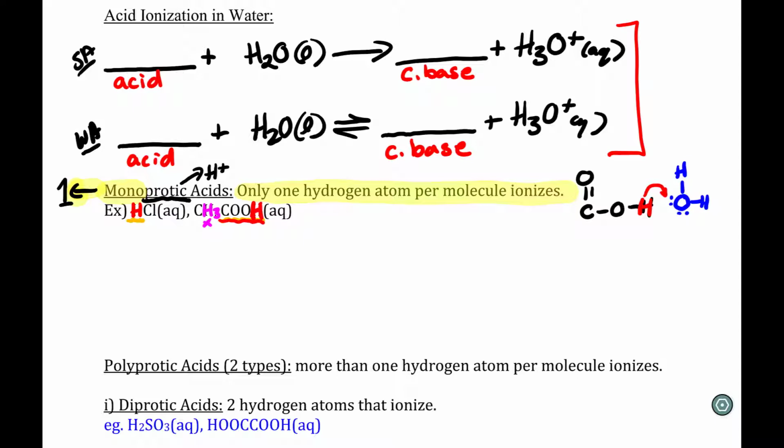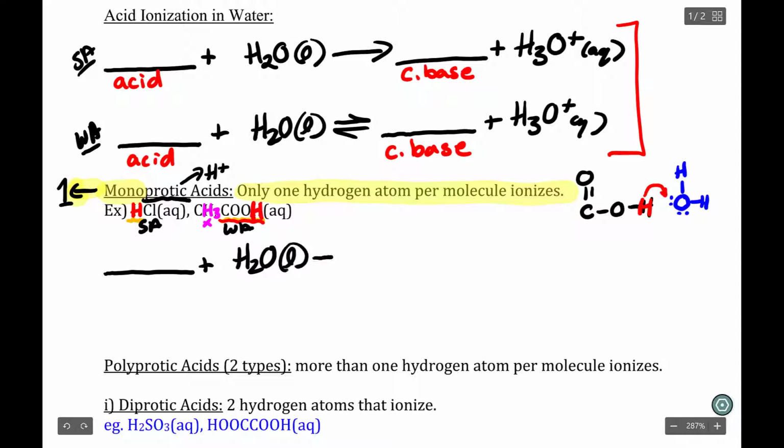So again, HCl is a strong acid and vinegar is a weak acid. So I'm going to write out two equations, one for HCl and one for vinegar. So I'm going to just go blank plus water, a single arrow forward for HCl because it's a strong acid, so this is 100% forward, blank plus H3O+ aqueous.